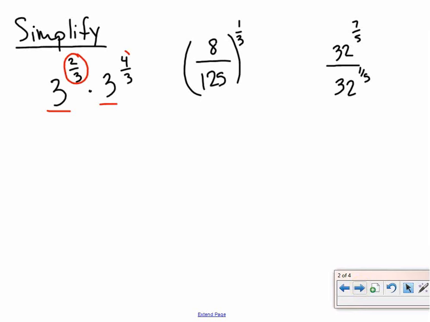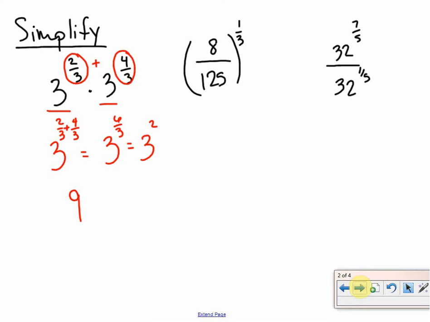So this would be 3 to the 2/3 plus 4/3. Those have the same denominator, so I can just add the numerators. This would be 3 to the 6/3, and 6 divided by 3 is 2. So this is the same as 3 squared, which hopefully we know is 9.